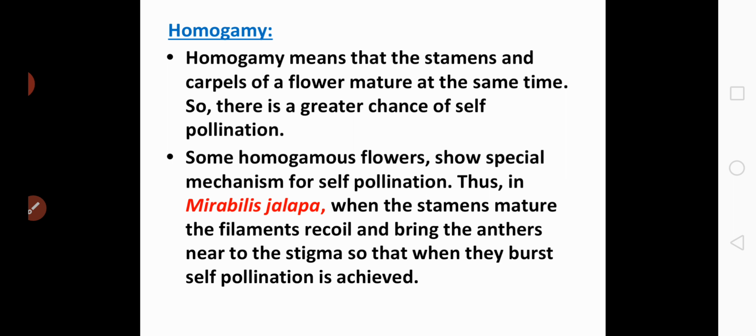Some homogamous flowers show a special mechanism for self-pollination. Thus, in Mirabilis jalapa, the four o'clock plant, when the stamens mature, the filaments recoil and bring the anthers near to the stigma so that when they burst, self-pollination is achieved.